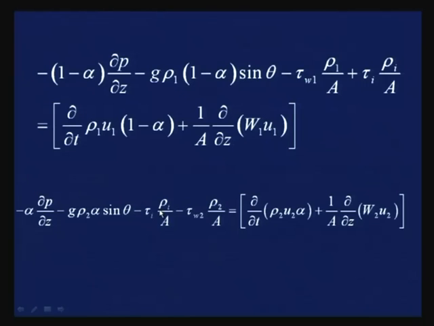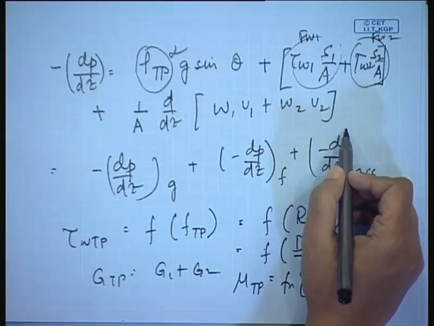Now, remember one thing, we are considering the separated flow model which interacts at the interface, but there is no mass transfer between them and there is no phase change between them. Agreed? Now, in presence of mass transfer, what do you expect? We will first discuss this and then we will go for expressing the pressure gradient in terms of known input parameters. Okay.